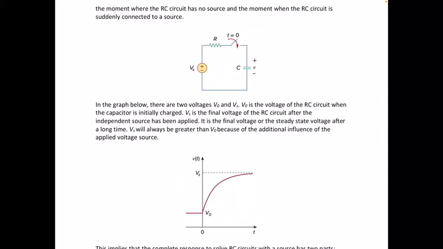As you can see in the graph, Vs is tangent to a horizontal line because it approaches steady state, which implies that our voltage does not change anymore with respect to time, so it flattens out. Vs will always be greater than Vo because of the additional influence of the applied voltage source. So Vs is something that we cannot see in our analysis of source-free RC circuits.